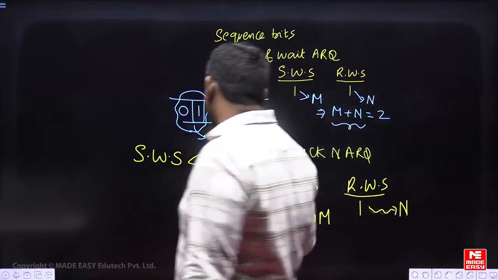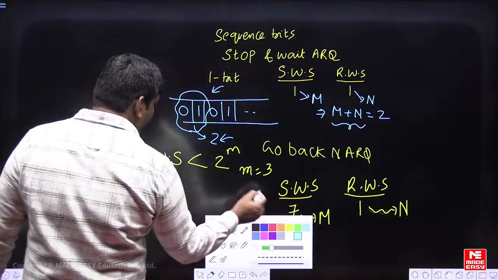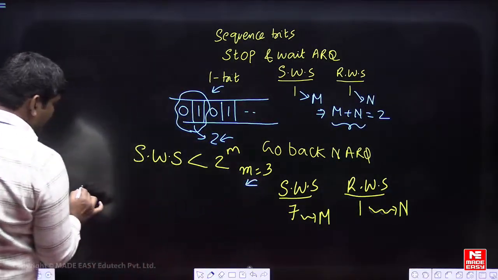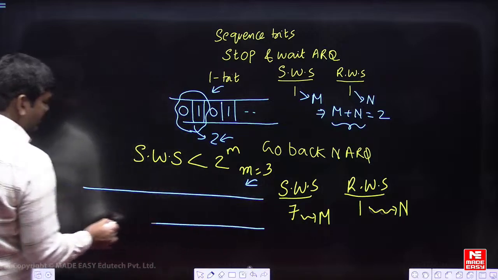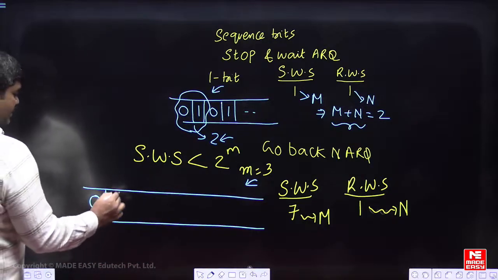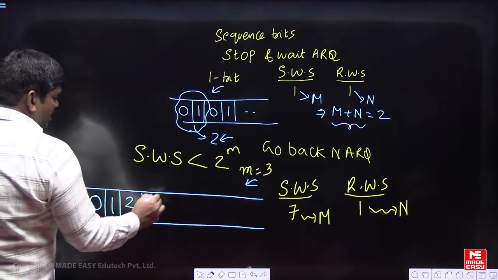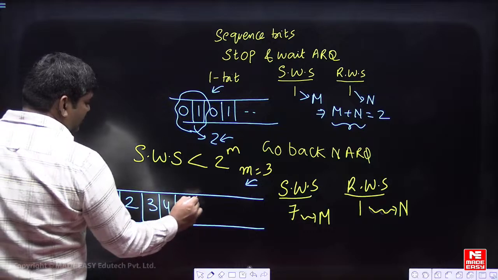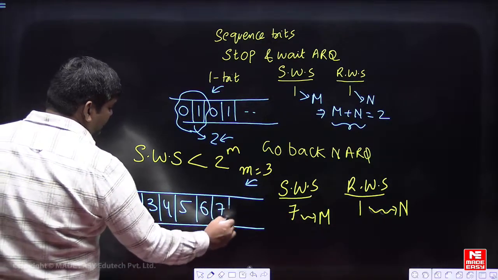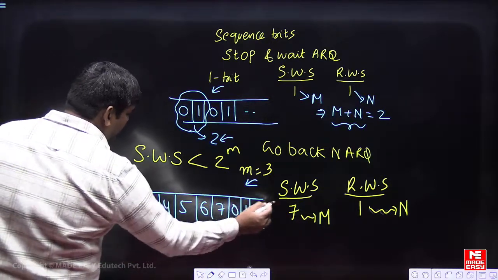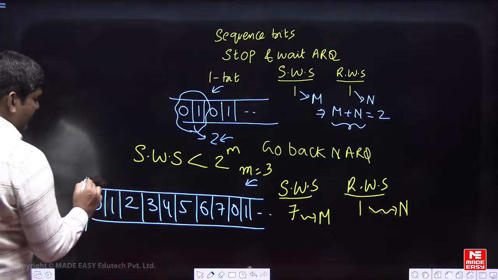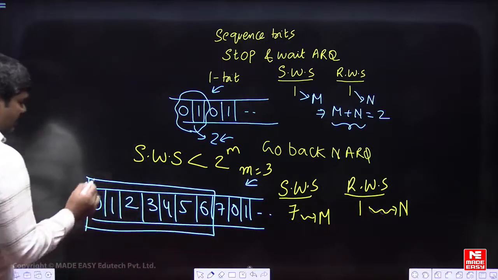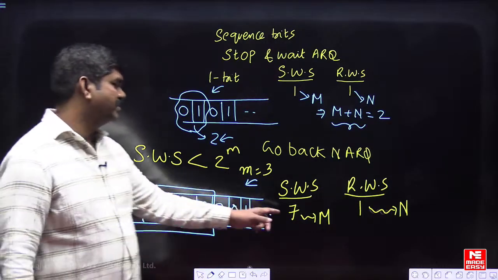When I have taken 3 sequence bits, how many sequence numbers are possible? 8 sequence numbers: 0, 1, 2, 3, 4, 5, 6, 7, 0, 1, and so on. The window is taken from 0 to 6 because the total count, 7, is the window size.